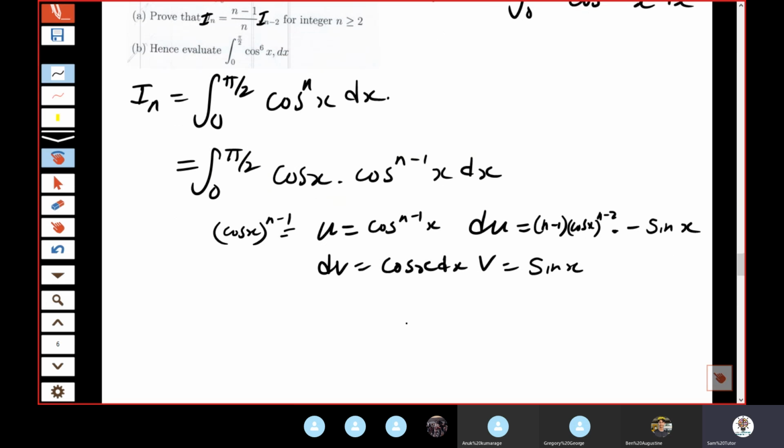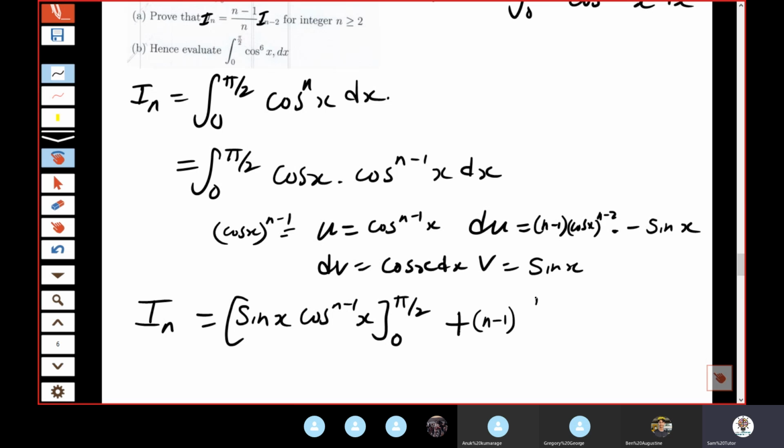All right. Now this looks like a whole bunch of what the heck, but it will work out. In equals this times this, which is sine x cos n minus 1 x, with limits 0 to pi on 2, so put them in. Minus, so that becomes plus n minus 1. That's just a constant that can go on the outside.